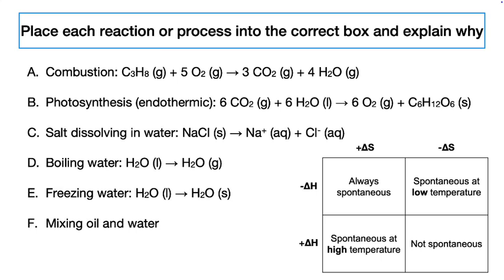So it's spontaneous, but only at low temperatures, because at high temperatures we switch to non-spontaneity. Delta S is negative, delta H is negative. Does that make sense? All the calculations we've written out are just a way to quantify that difference. Does that make sense? Use the table.